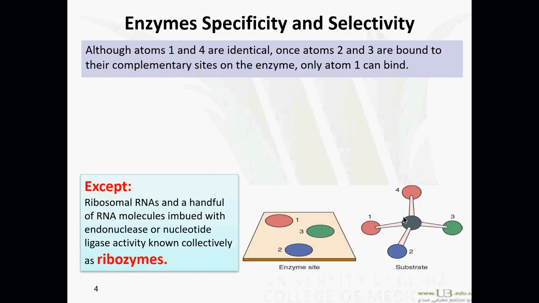So in this example, although atoms 1 and 4 are identical in the substrate, both the red circles of this tetrahedral shape, this looks almost the same, but usually atoms 2 and 3 will bind to the enzyme active site, and automatically number 1 will be the third atom which will bind to the active site of the enzyme, and not the fourth, because this is the specificity of the enzyme.